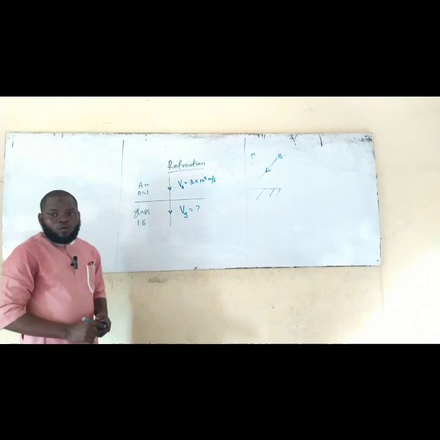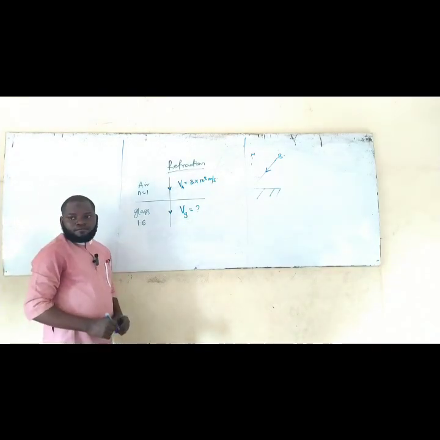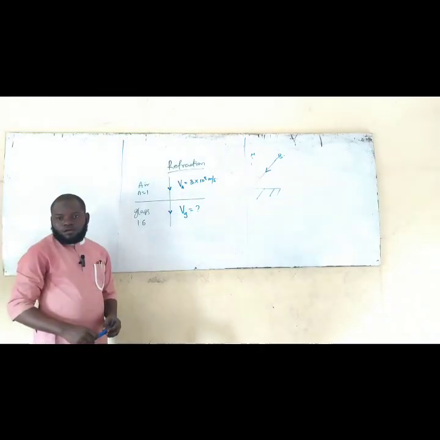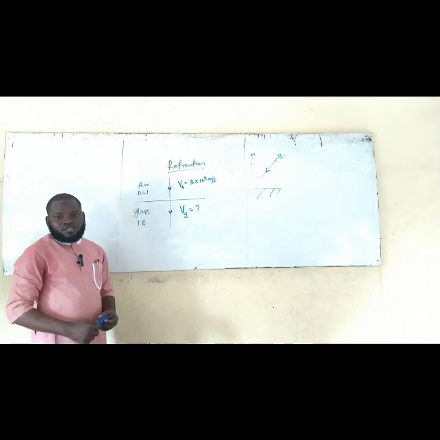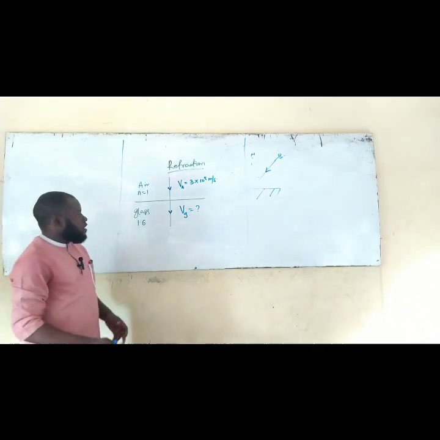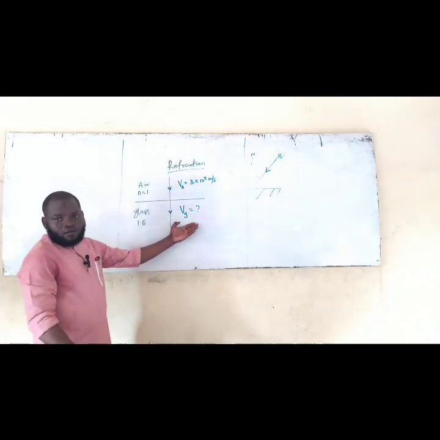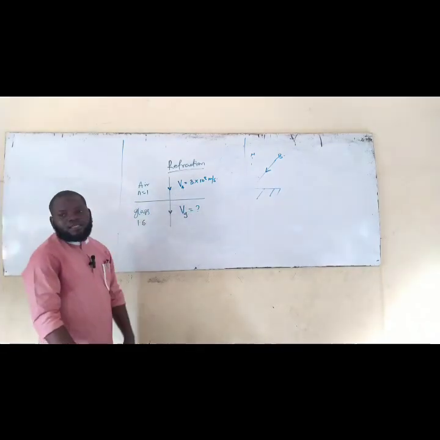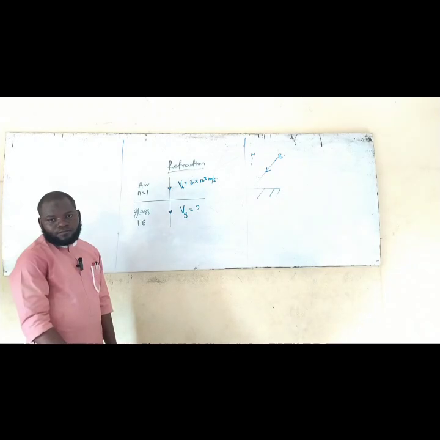For us to know, we need to go back and revert to what we call Snell's law. Snell's law can help us to know the speed of light in glass. Do you understand that now?